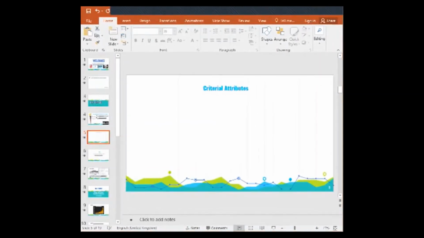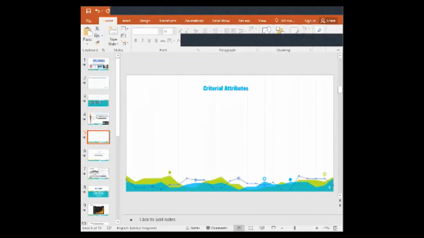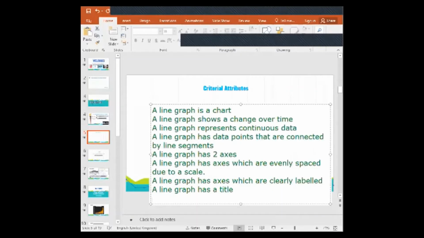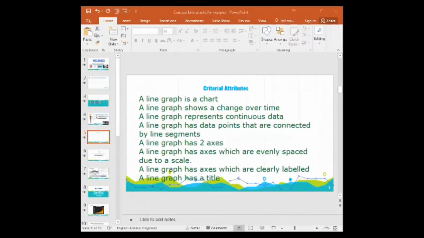Okay, so while you guys were talking, I compiled a list of your points. Your criterial attributes that everybody would have noted. So you had: a line graph is a chart.